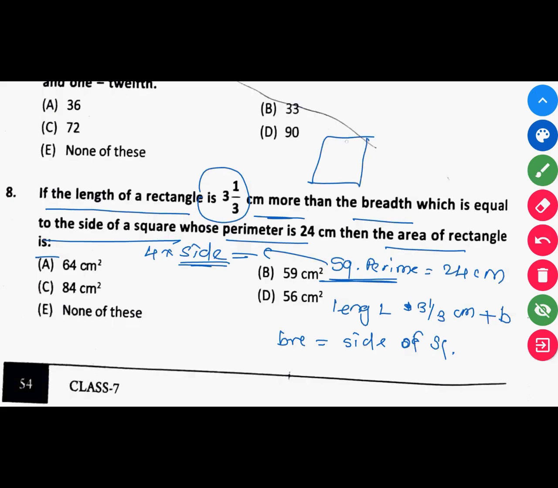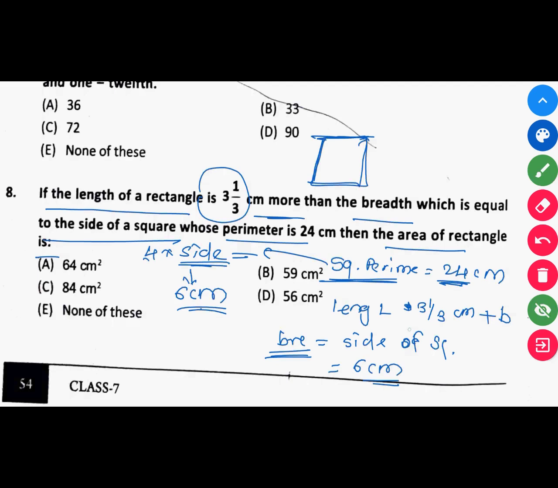See, this is the square; we simply add this side, this side, this side, this side. Now the perimeter is given as 24 centimeter, so the side of the square should be 6 centimeter, since 24 divided by 4 is 6. The breadth of the rectangle is the side of the square, so the breadth is 6 centimeter.